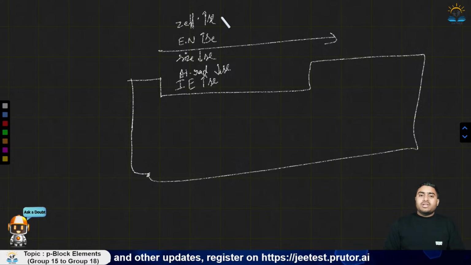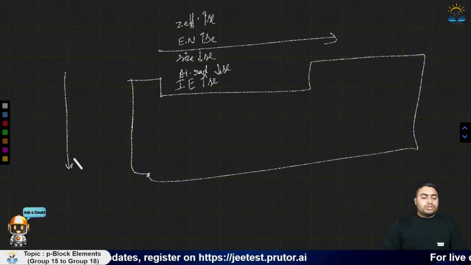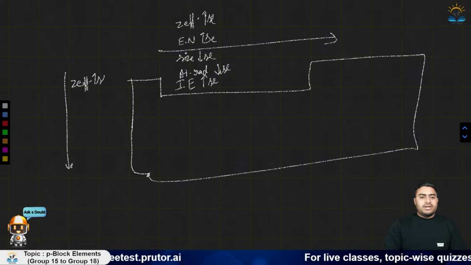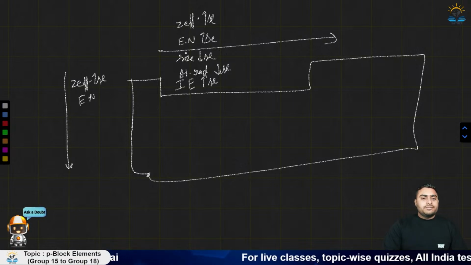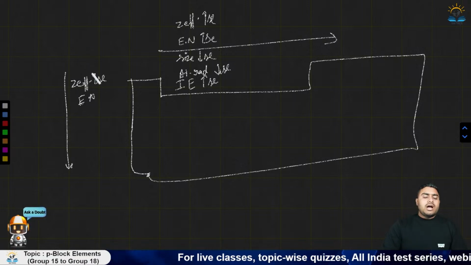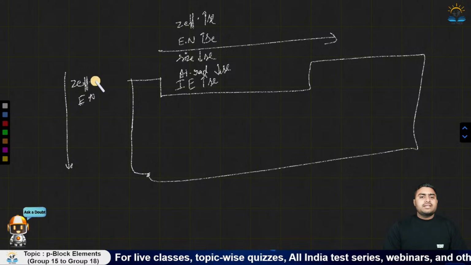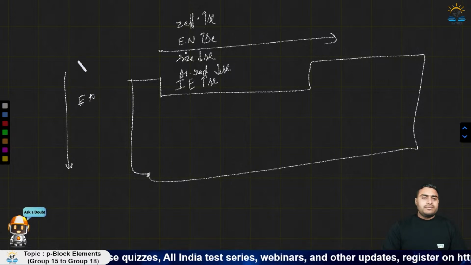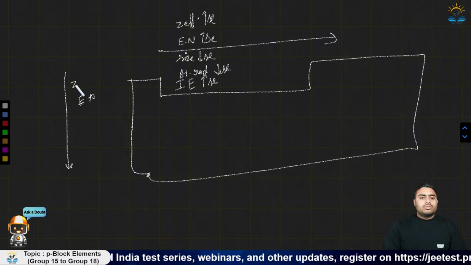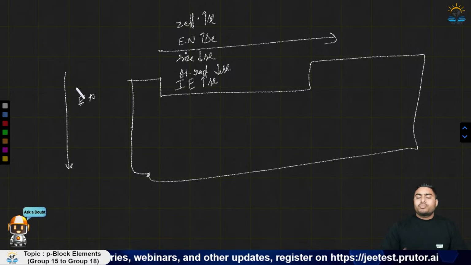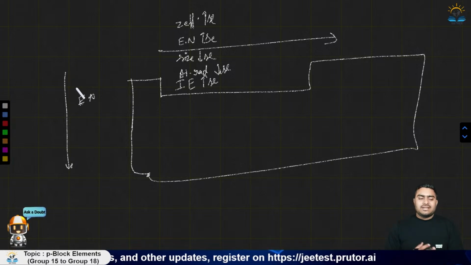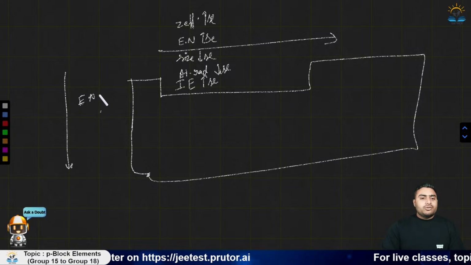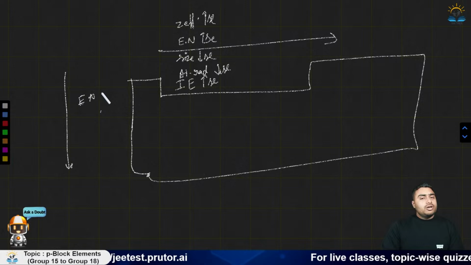But if you are moving top to bottom, the number of protons and electrons both increase.